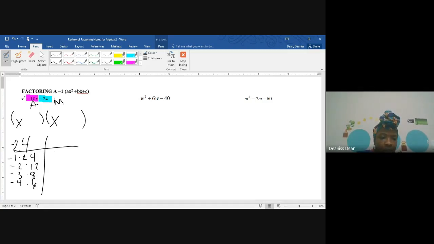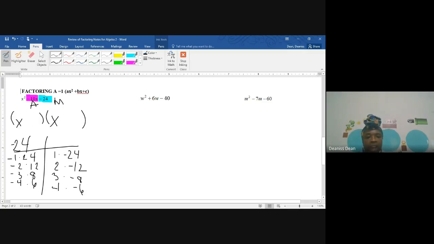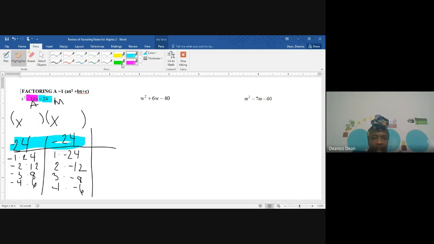So I know 1 times negative 24, 2 times negative 12, 3 times negative 8, 4 times negative 6, right? Those are factors that are going to give me negative 24. So this is my factors list. And now from this list of factors, I need to see which of those, when I combine them together, give me negative 10.